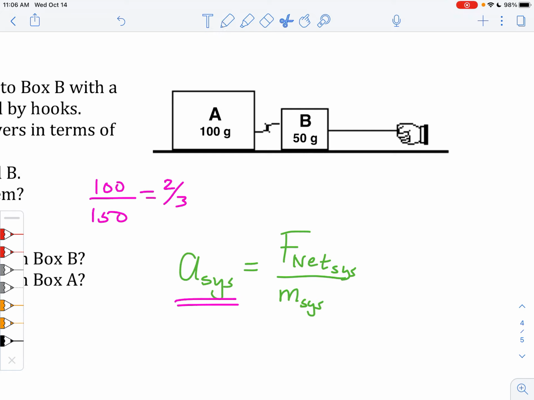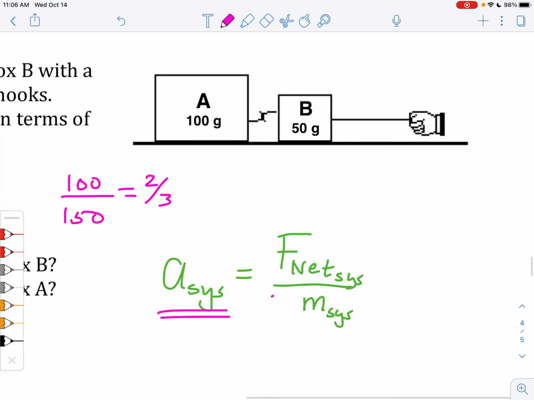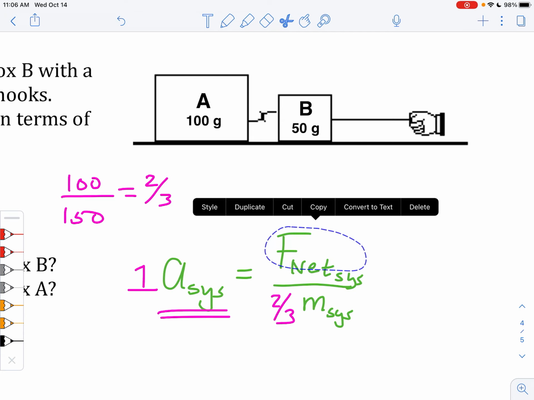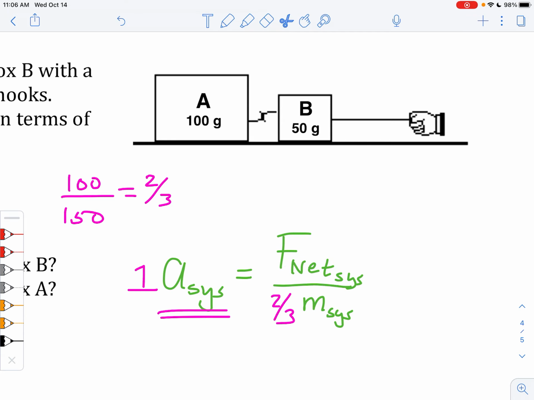So instead of having the mass of the system down here, if we're going to look at A specifically, we now have 2/3 the mass of the system. Now the acceleration does not change, so I'm going to put a 1 there. Now the net force then must have changed. Let me make this more clear.